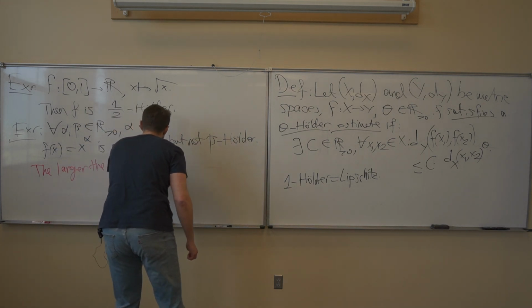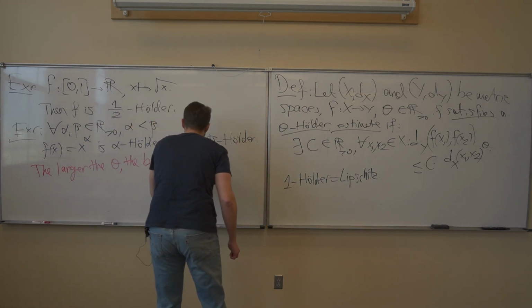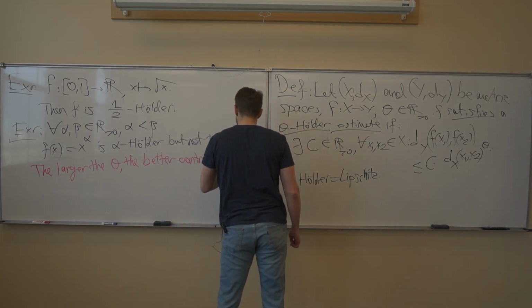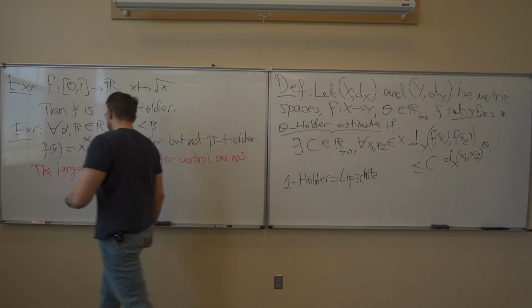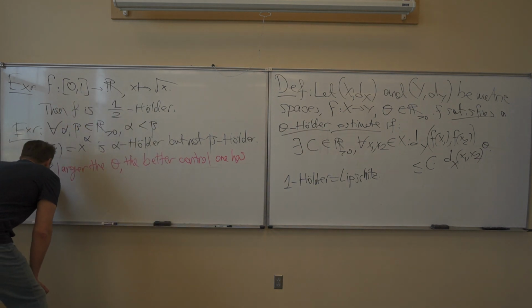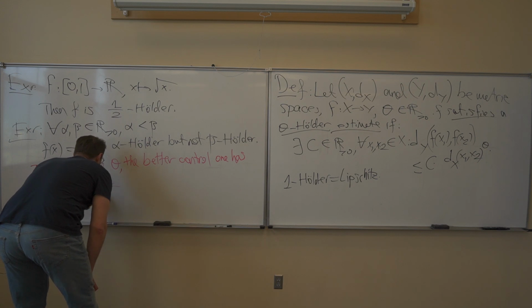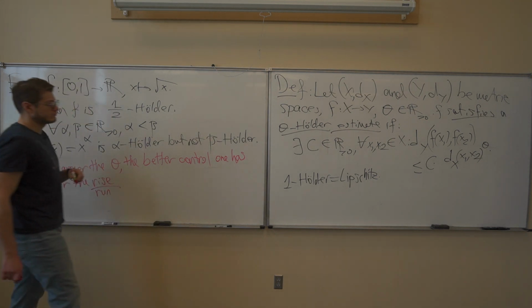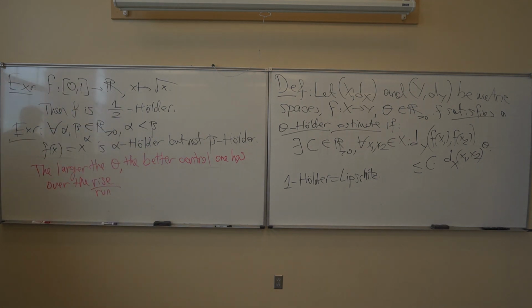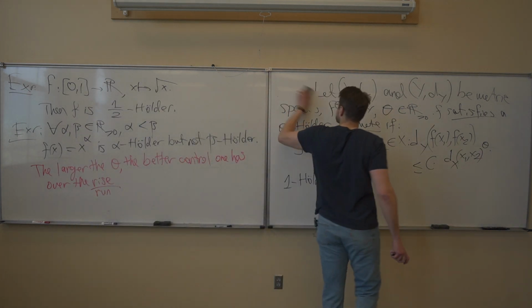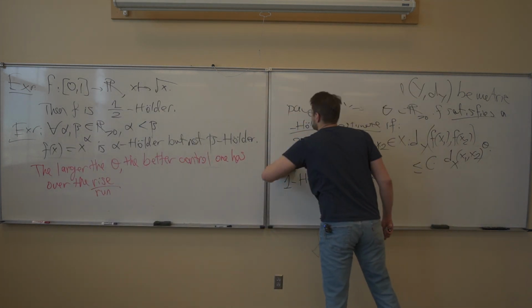The better control one has over the rise over run. Hence, the function becomes better. It becomes more regular. And here's the idea behind this. And then we'll finalize. We'll finish the discussion for today.